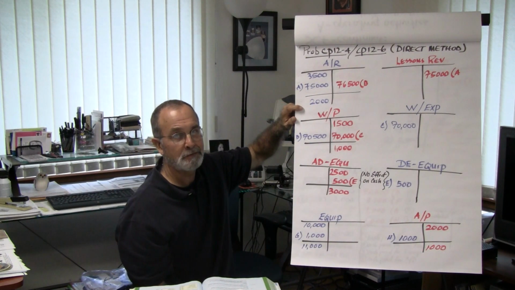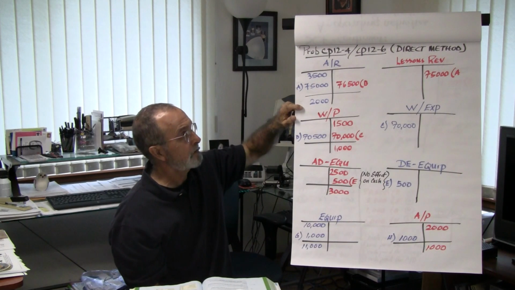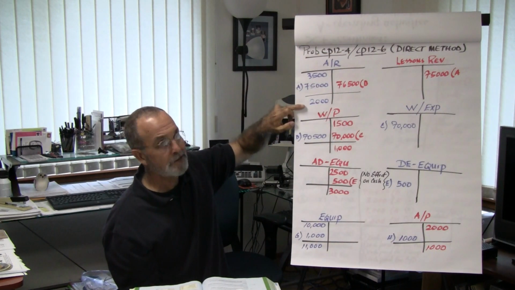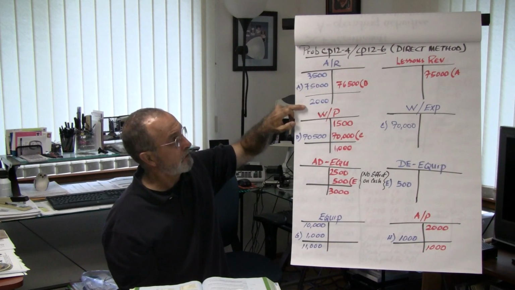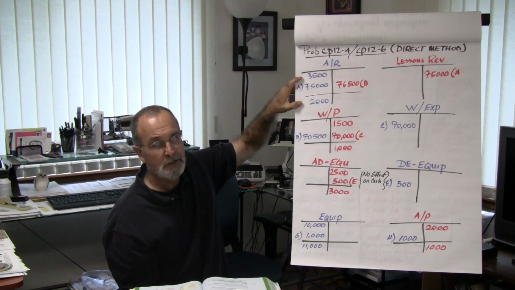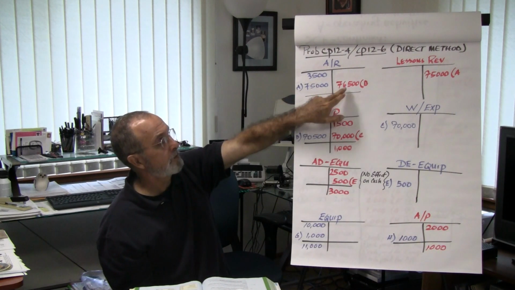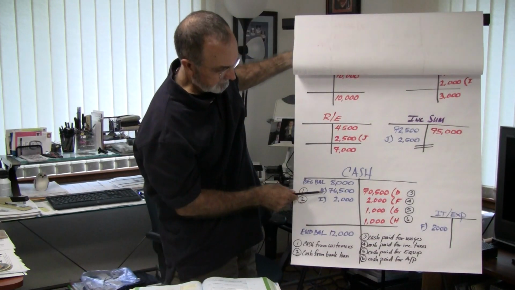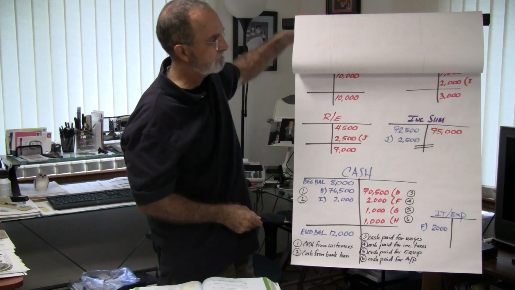So we not only collected all $75,000 of our sales for the current year, we also collected another $1,500 of sales from the prior year. So the total amount collected in cash for this year is $76,500. Again, the credit to accounts receivable and the offsetting debit to cash.